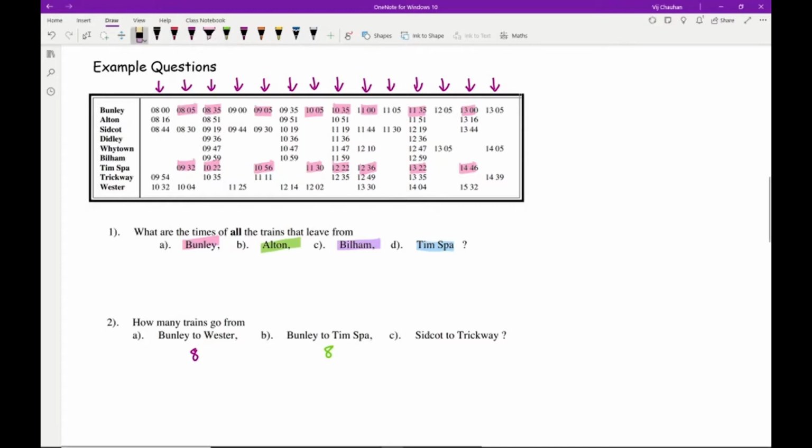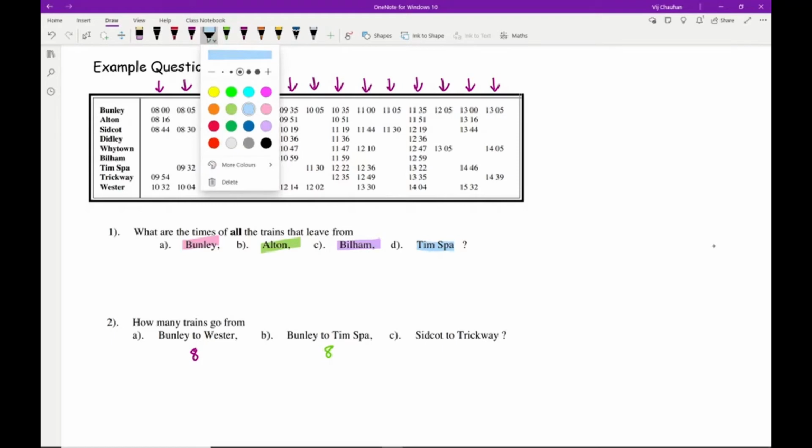So again, let's just get rid of our highlighting so we don't get confused. So here I'm looking for times that I've got both those 2 stations, so Sidcup to Trickway. So Sidcup is here, Trickway is here.